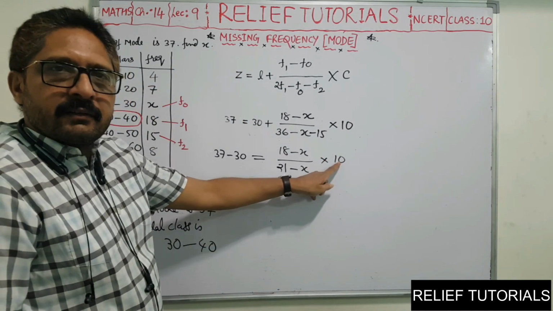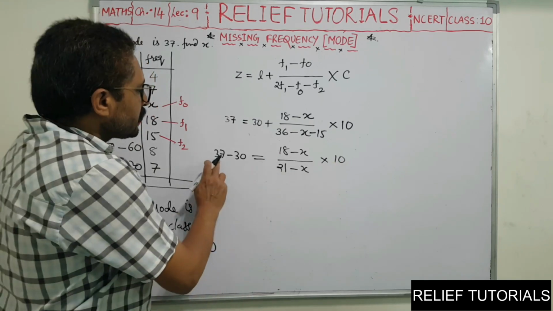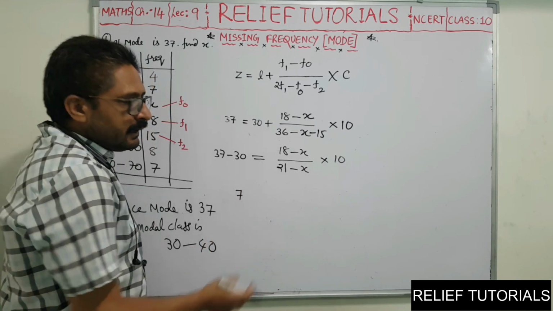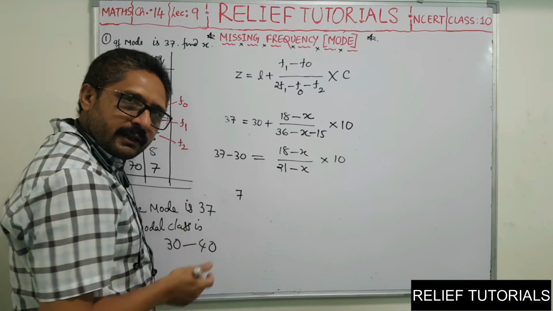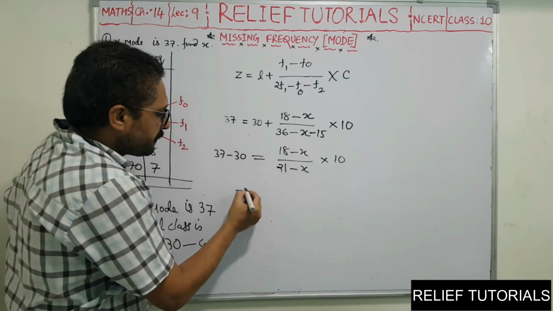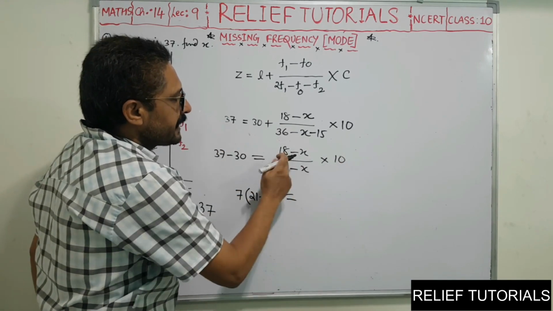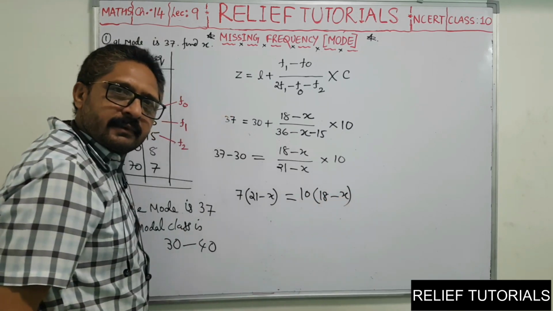So this 10 we can multiply with the numerator. Now 37 minus 30 is equal to how much? 7. Now this is the denominator. When it goes to the other side, where it was division, it will go to multiplication. So 7 into 21 minus X equals 10 into 18 minus X.